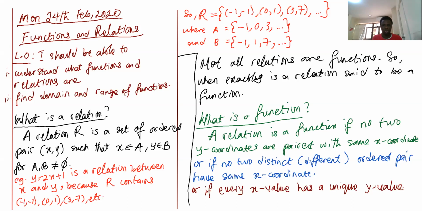Another way to look at it is that there are no two distinct ordered pairs with the same x coordinate. I think that's one of the simplest ways to look at it. Once you can guarantee that, then you have a function.